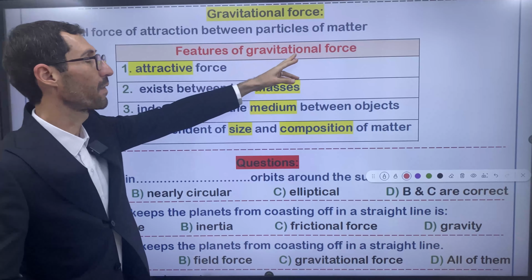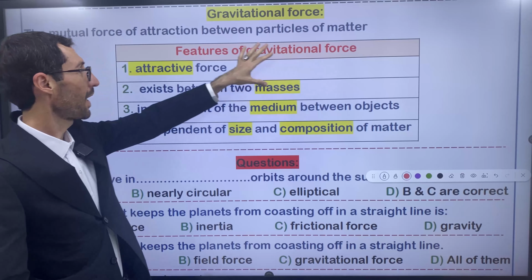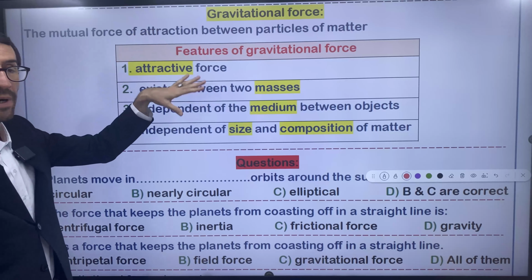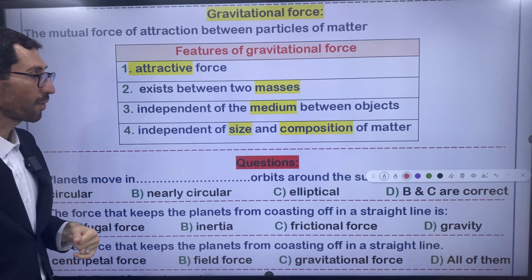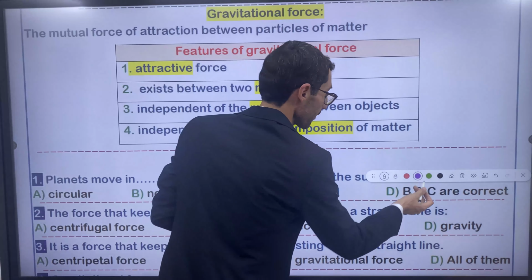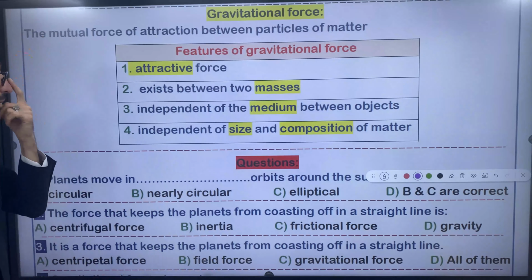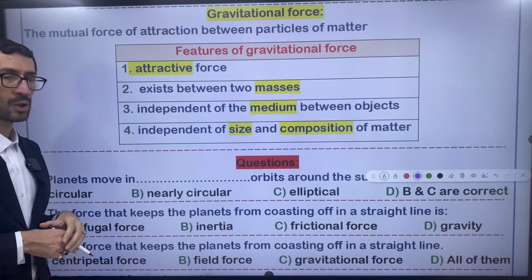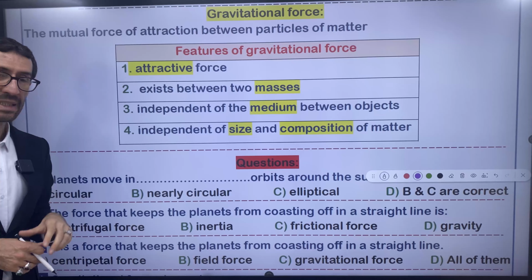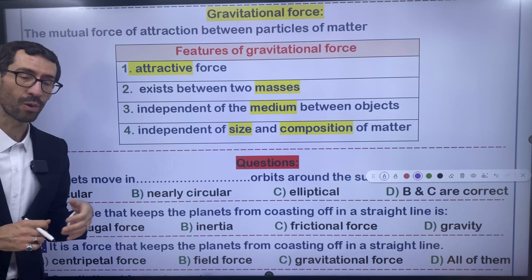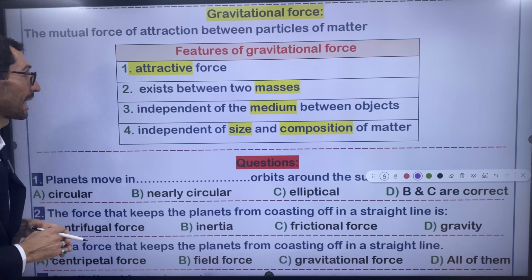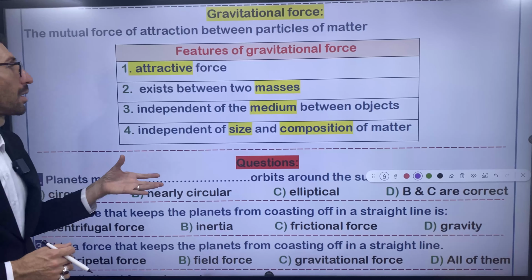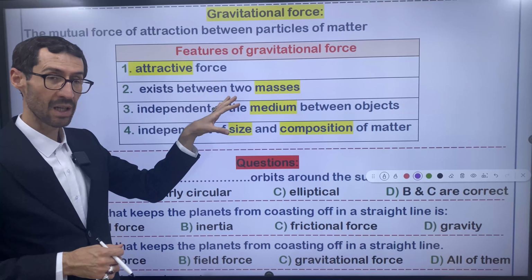So, features of gravitational force. I summarized some features or properties of gravitational force for you. Let's discuss it together. Maybe you know some of them, since you may have got this information in previous years, maybe in grade 11 or in the secondary stage.